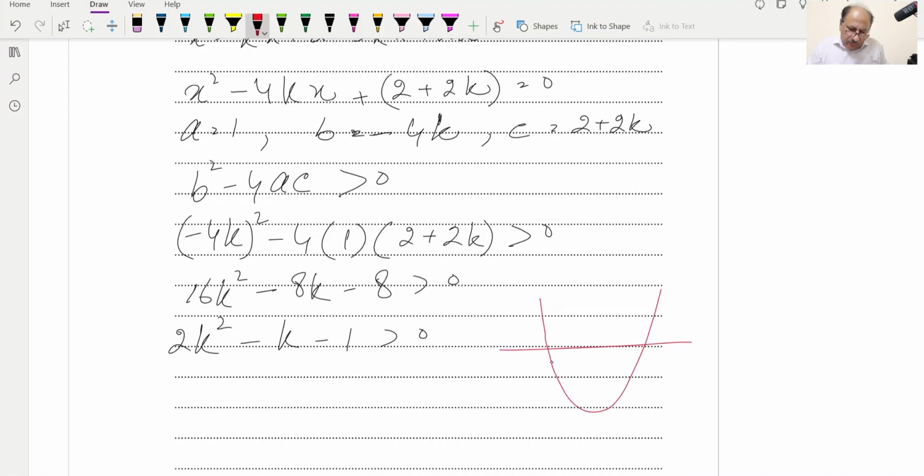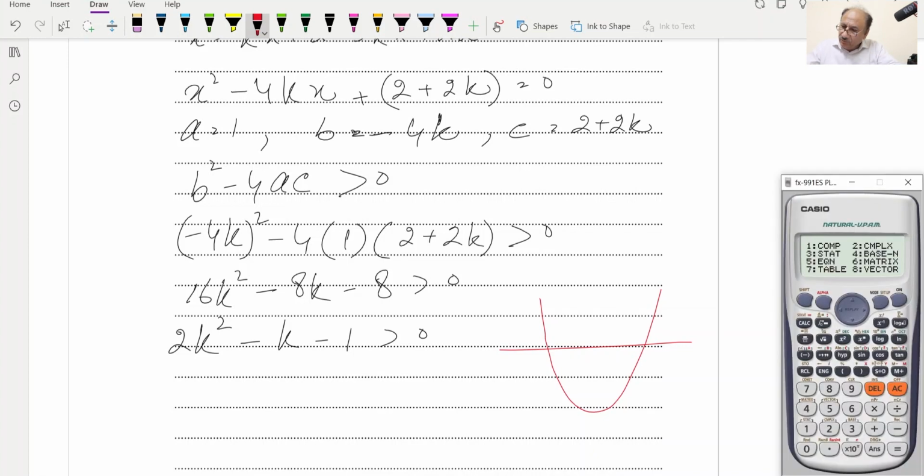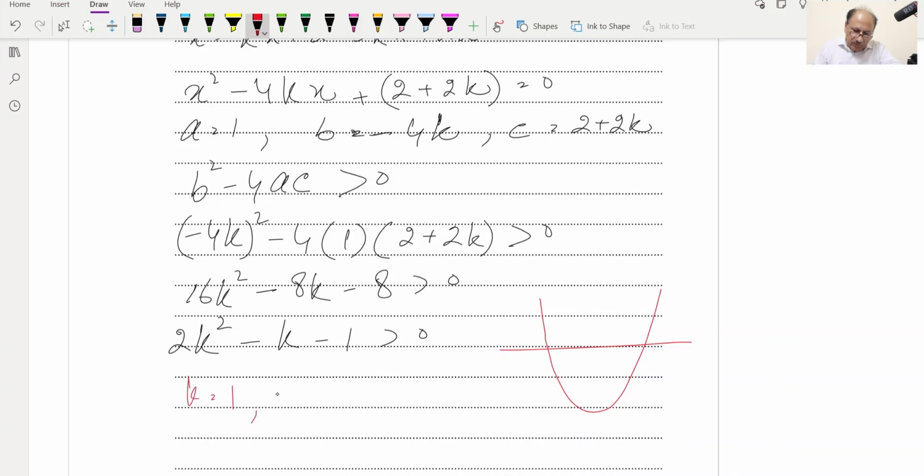We can check the solutions of this equation. The solutions will be k is equal to 1 and k is equal to minus 1 by 2.